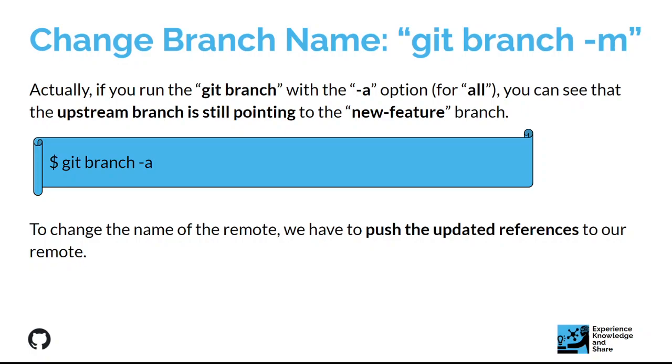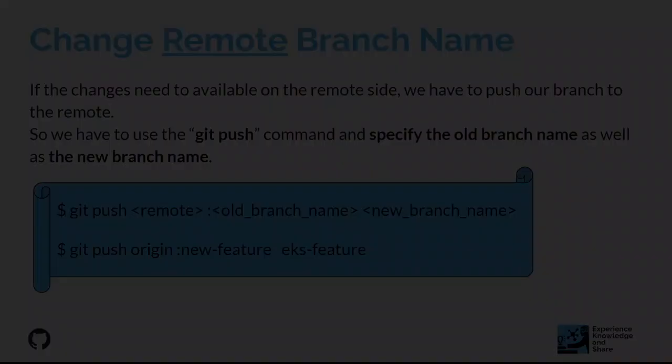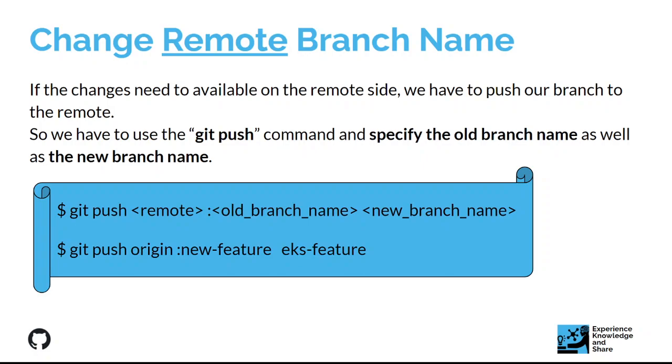So what we need to do is change the name on the remote. We have to push the updated reference to our remote. So how do we change the remote branch name? If the changes need to be available on the remote side, we have to push our branch to the remote. So we have to use the git push command and specify the old branch name and the new branch name.